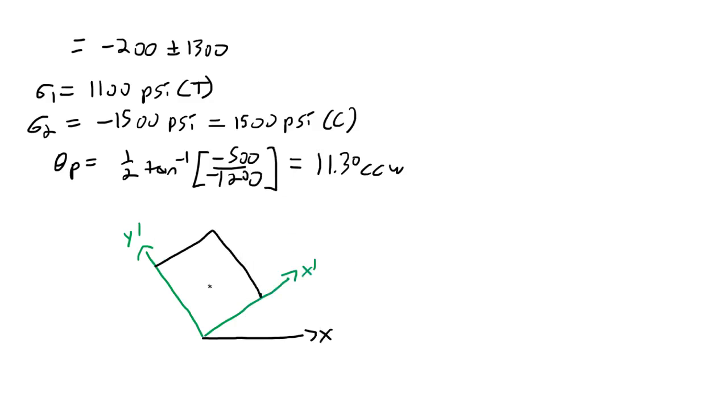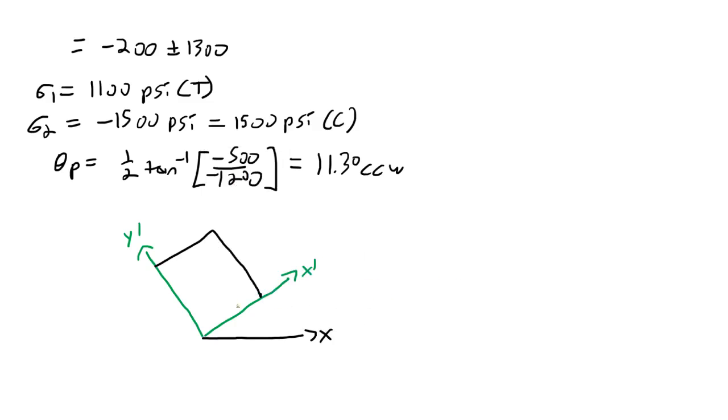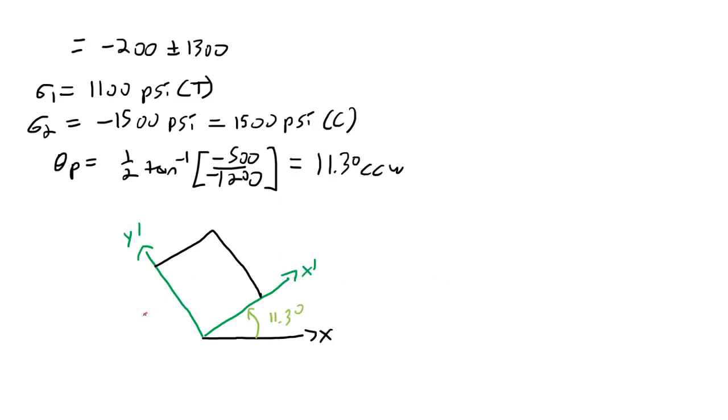Okay, and the angle here, theta p, counterclockwise positive, is 11.3 degrees. And then showing the orientations. So do make sure you know how to do this. Might ask this on an exam, you never know. Sigma 2 equals 1500 psi, and sigma 1 is 1100 psi.